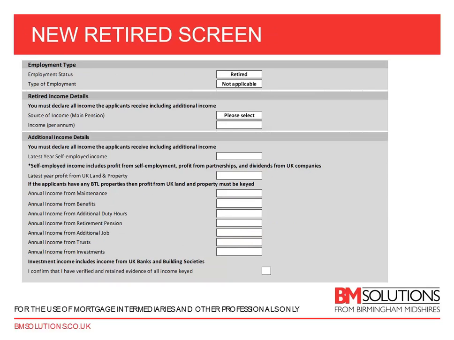So retired screens, again, very simple. Tell us the retired income. Tell us any income from self-employment, and tell us any income from profit from UK land and property. If, as you can see, the applicants have any buy-to-let properties, then profit for UK land and property must be keyed.